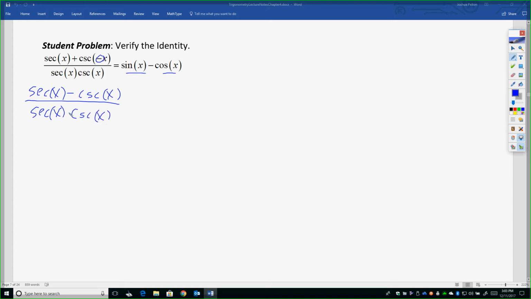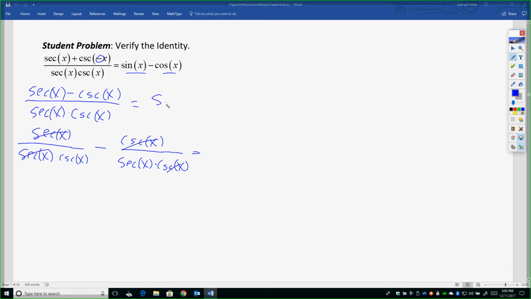The goal here is to get two terms this time, so we're going to break the fraction apart. So we get secant of x over secant cosecant minus cosecant of x over secant cosecant. So cancel, cancel, cancel, cancel. These are supposed to equal sine minus cosine.